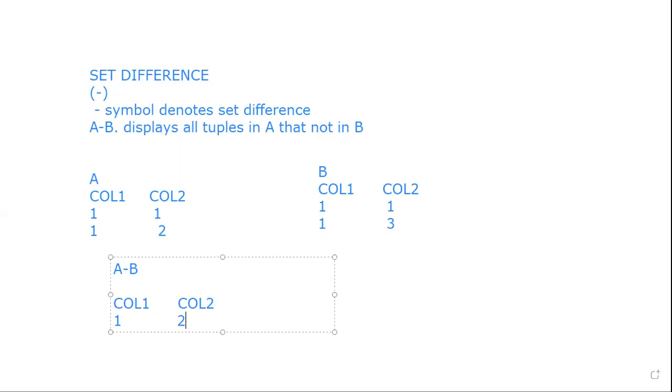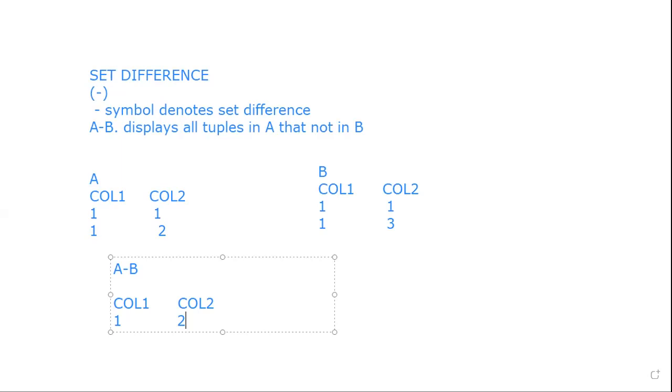It will display all the tuples in A that are not in B. Here 1, 1 is in both, so it will not be displayed. 1, 2 is not in B, so that will be displayed. What about 1, 3? 1, 3 belongs to B, so it will not be considered. We take only the values of table A. When we compare A's 1, 1 with B, 1, 1 is there, so it will not display. 1, 2 is not in B, so that will be displayed.